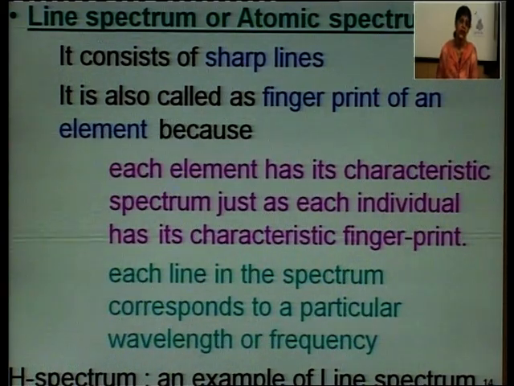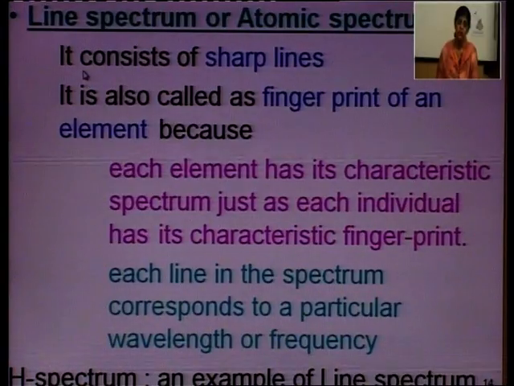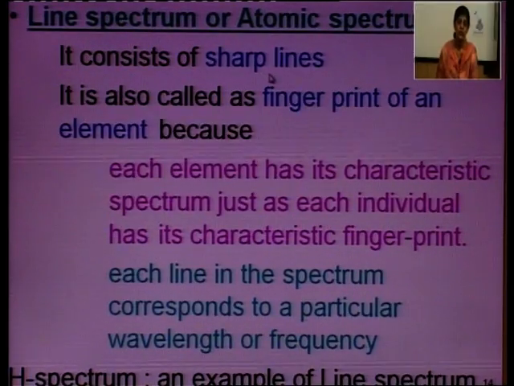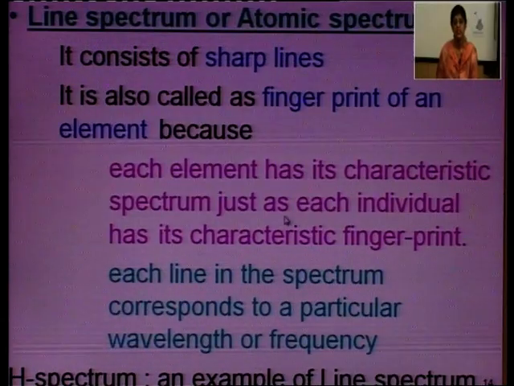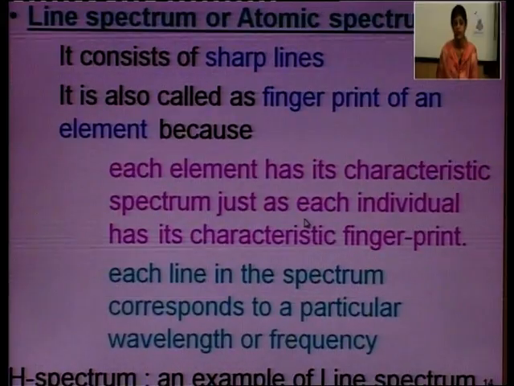Now, what is a line spectrum? In a band spectrum or a continuous spectrum, we had bands of light, and a line spectrum consists of sharp lines. It is also called the fingerprint of an element because each element has its characteristic spectrum, just as each individual has its own fingerprint.